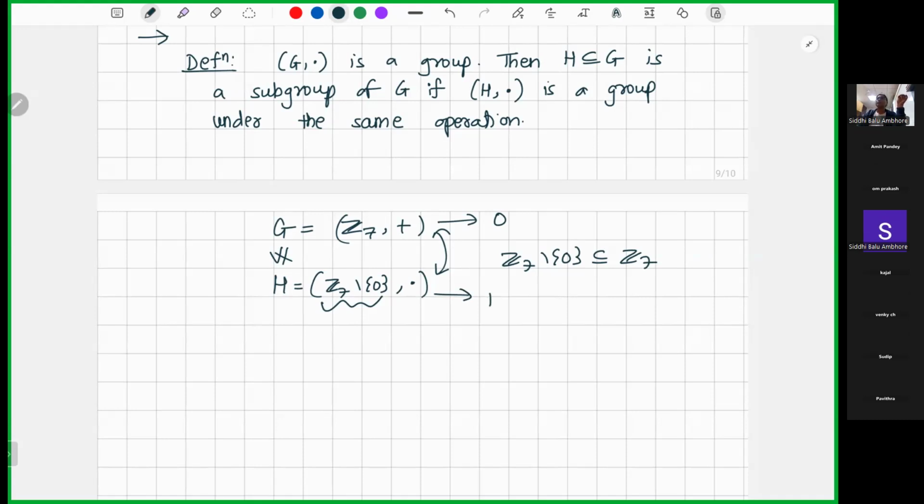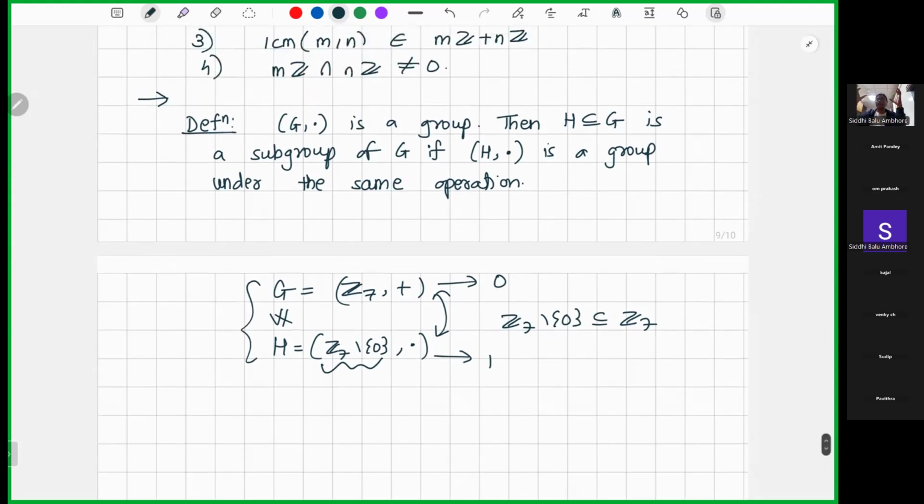So it's important to understand how subgroups work, especially when we are working with sets where we can define multiple types of operations and form a group out of each.